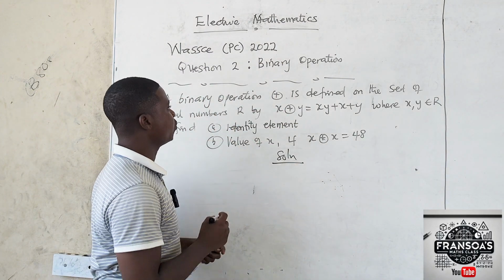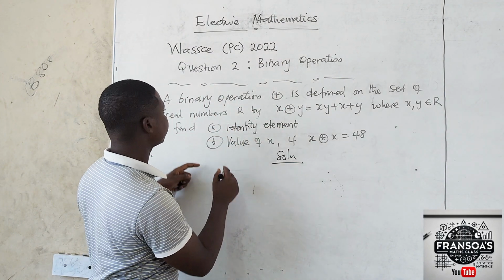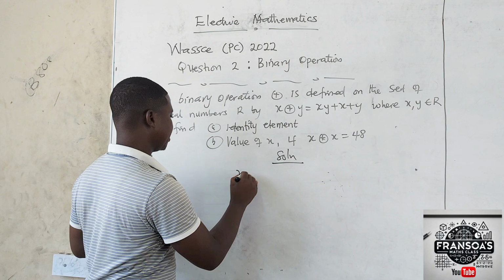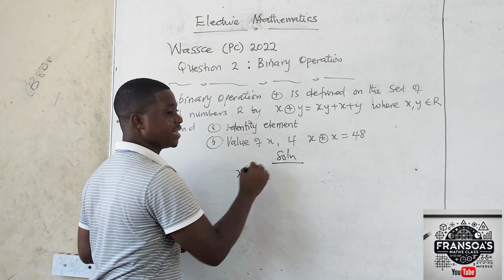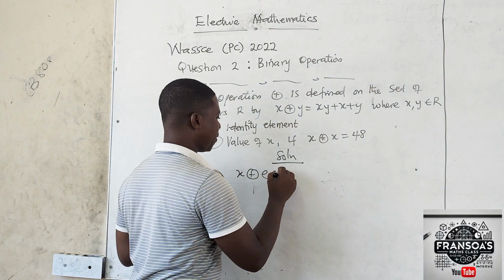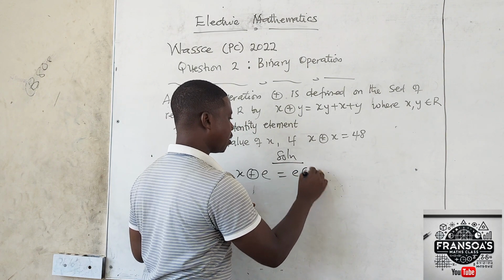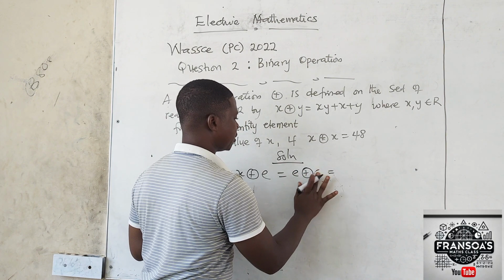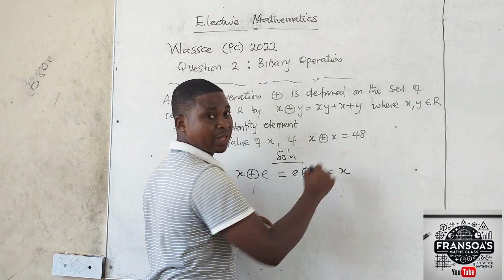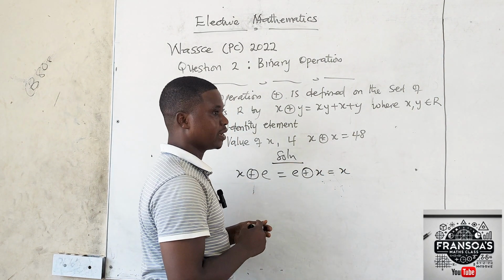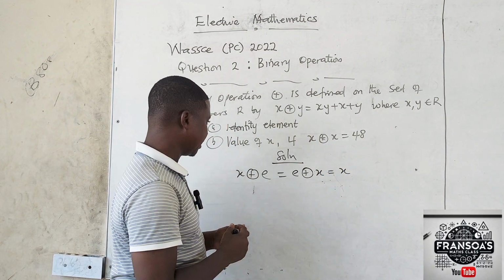So we are saying that x operating on the identity element should be equal to the identity element operating on x, and you get the same number.